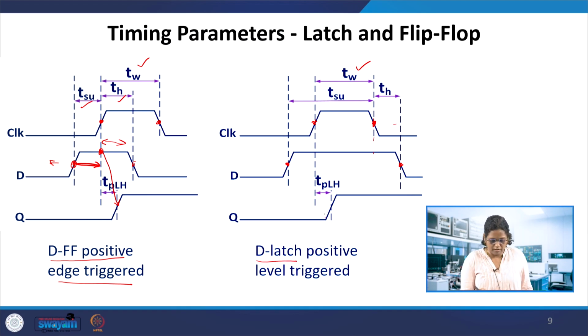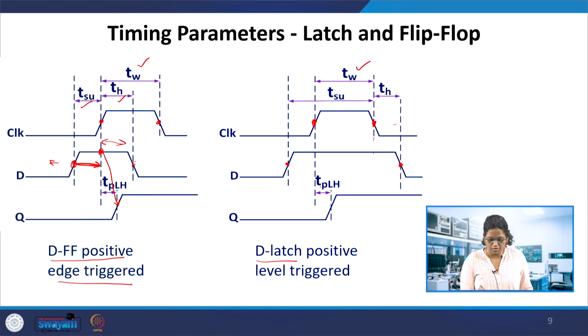And for the latch, when we take this TPLH, here this is the point where the clock is active. Though the data is changing here, the data change will be sensed only when the clock or enable becomes 1 here.